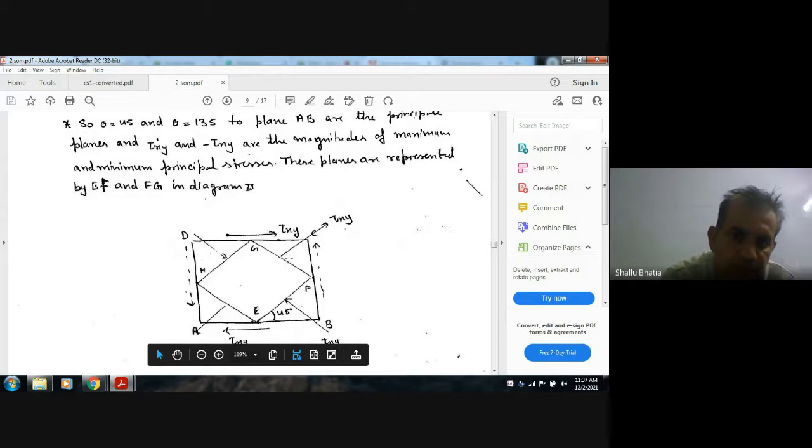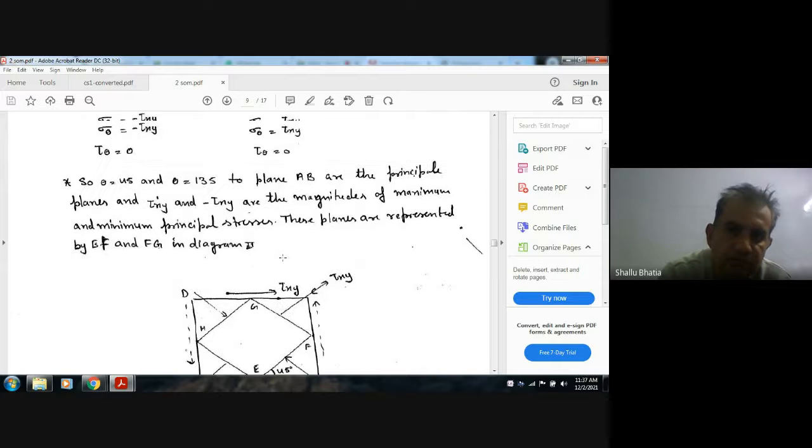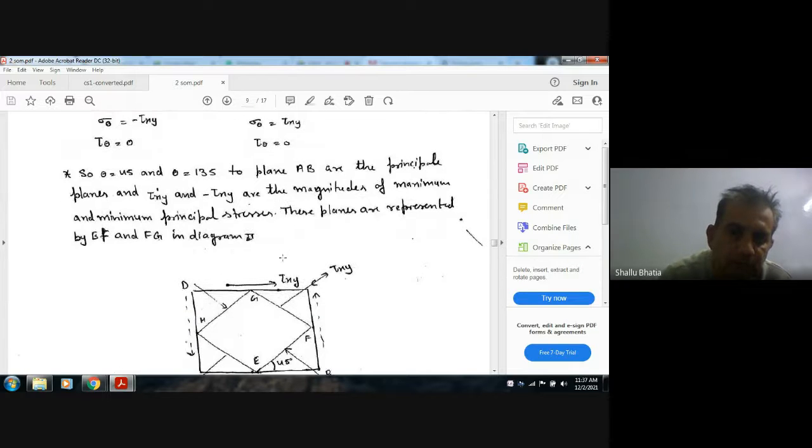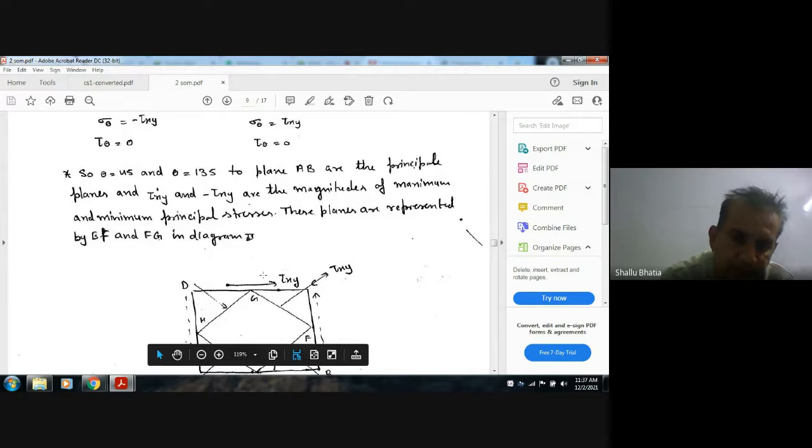Similarly, at this plane the magnitude is tau xy. So this is the plane of maximum shear stress, this is the plane of maximum normal stress, and this is the plane of minimum normal stress.